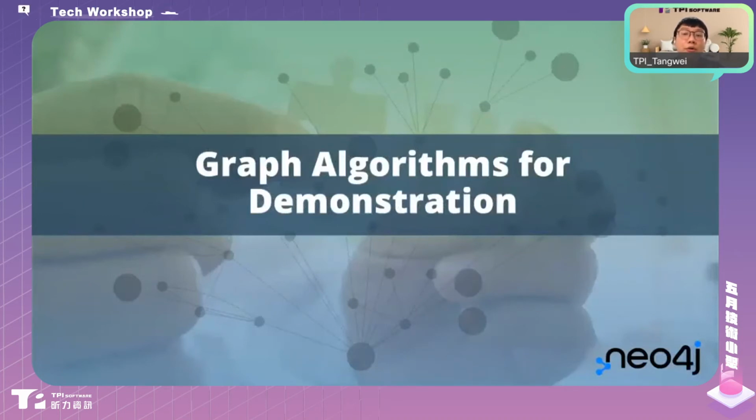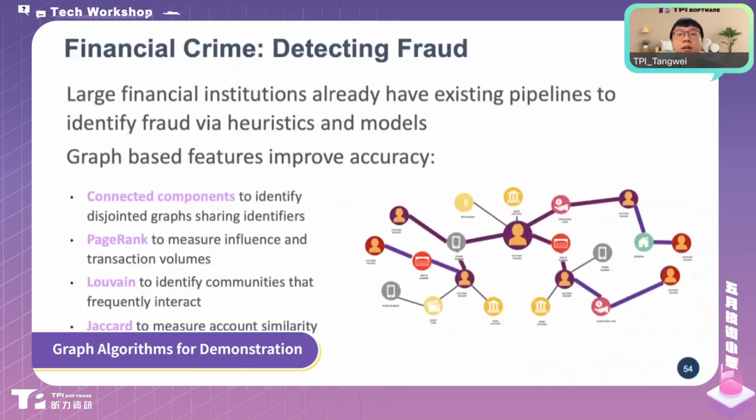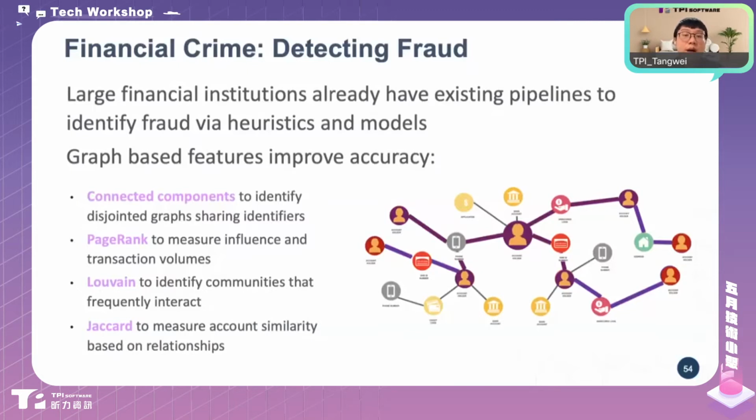What graph algorithms will we use in this case? Currently, large financial companies already apply graph algorithms to detect fraud. For fraud, we tend to use connected component algorithms. It's a type of community detection to identify how groups of individuals are related or connected.